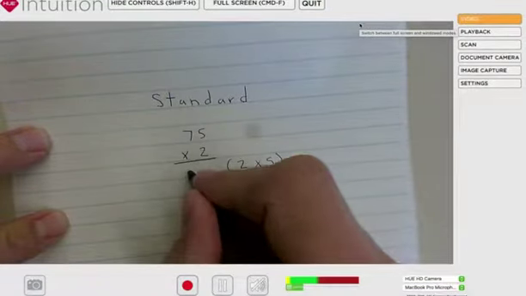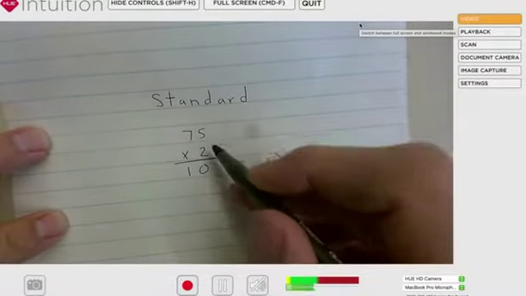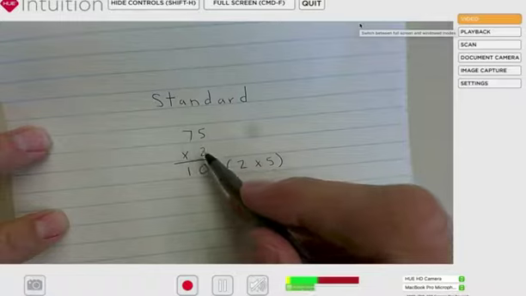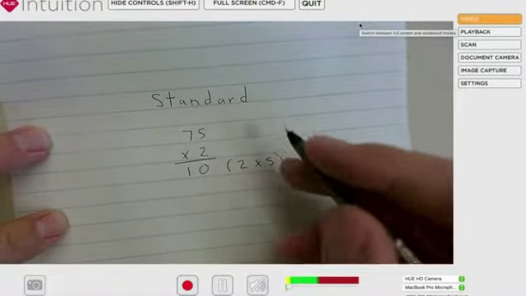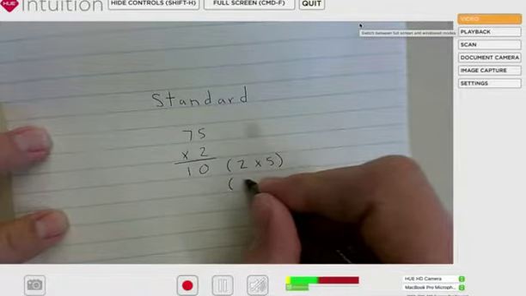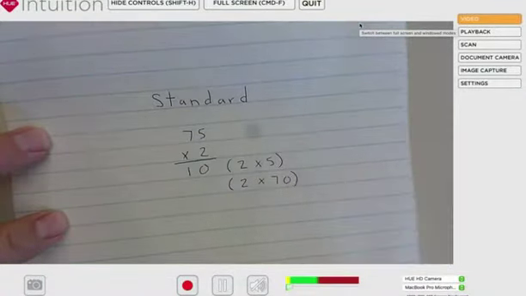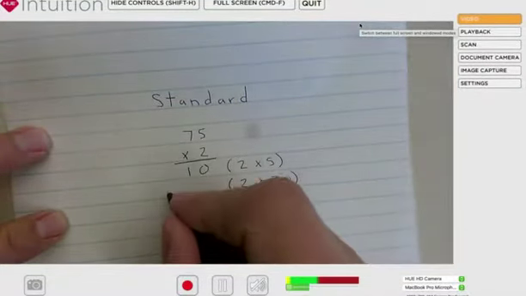And the answer to that, of course, is 10. Now, the next step, since we're multiplying by the value of each digit, is not going to be 2 times 7. It's going to be, just like with the area model, 2 times 70. Okay? And as we know from the previous example, it's 140.